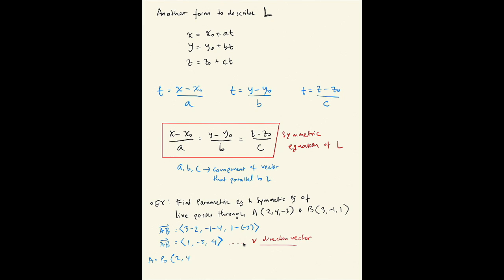So the initial point is 2, 4, minus 3. So the parametric equation will be x is 2 plus t, y is 4 minus 5t, and z is minus 3 plus 4t.